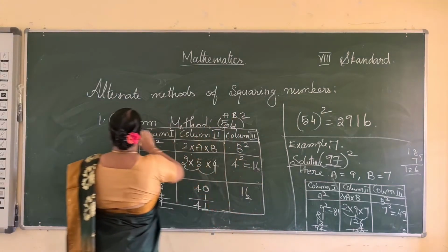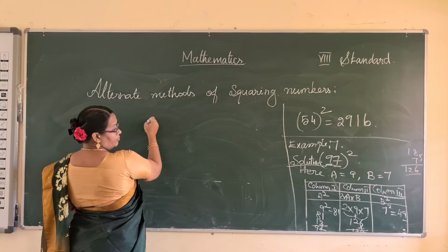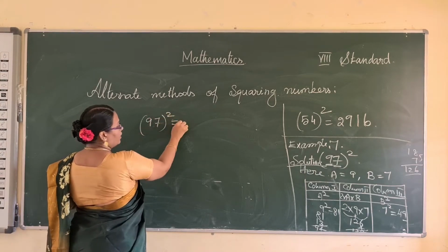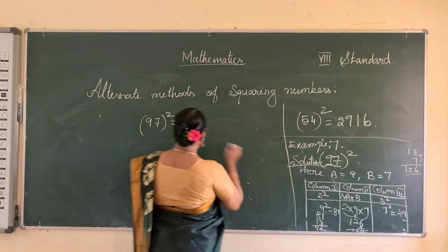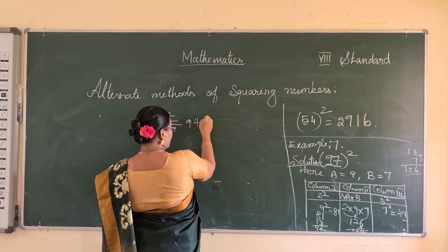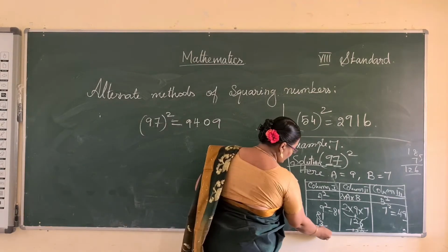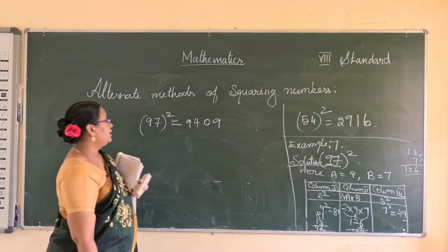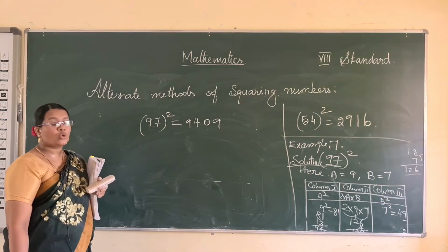Now write the value of 97 squared, from column 1: 9409, underlining the unit places. Here 94, here 0 and 9. So 9409 is the answer for 97 squared.